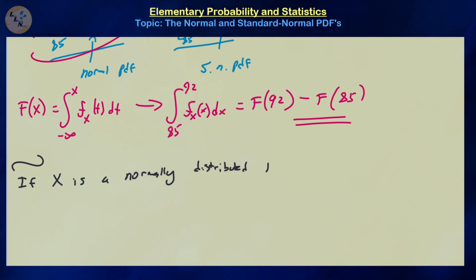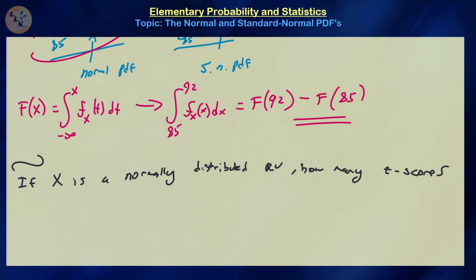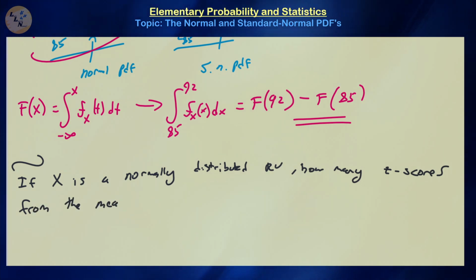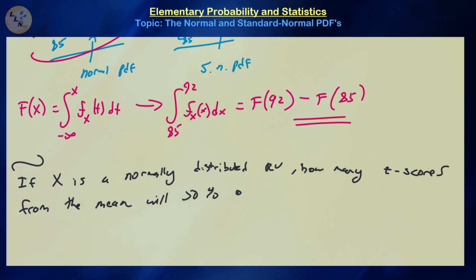Distributed random variable, how many z-scores from the mean will 50% of the data be located?